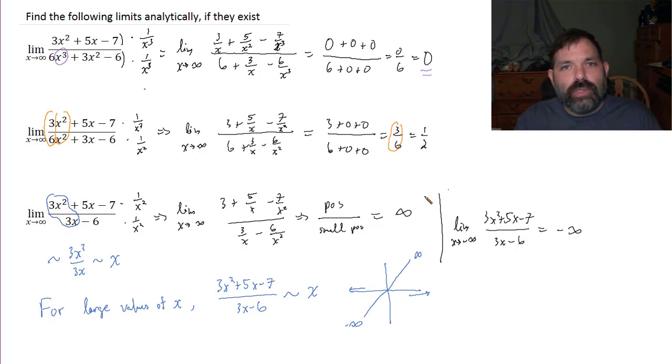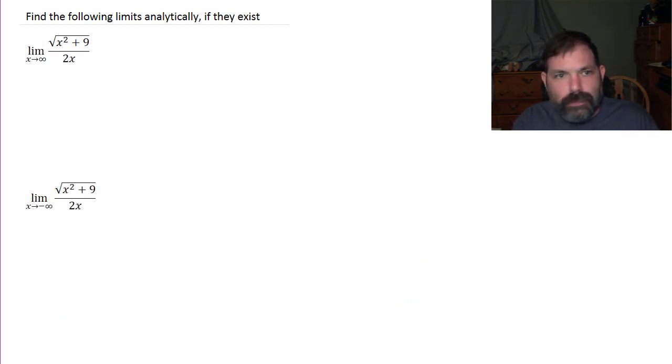So now let's look at a few other situations. Limits at infinity involving square roots can be a little tricky to deal with. One thing that we want to be aware of is, if I think about the expression x squared plus 9 and I let x approach infinity, there's not much difference between x squared plus 9 and x squared.